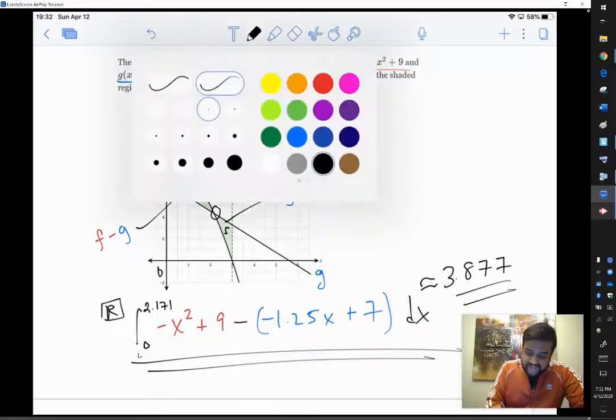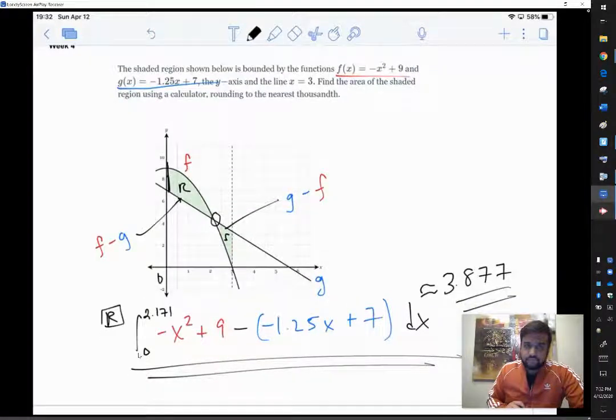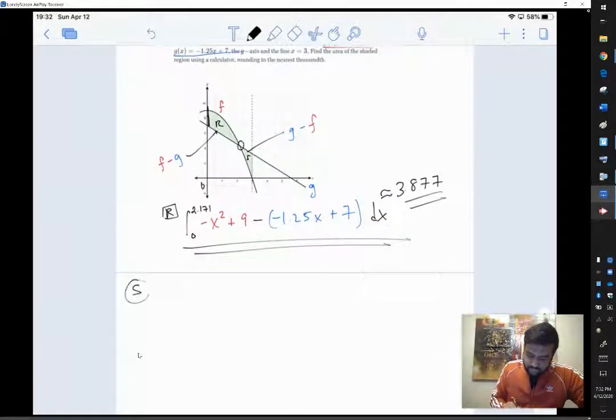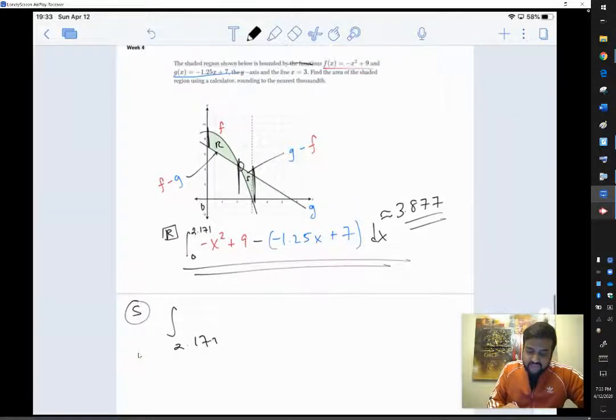For region S, we have the following. Region S is picking up from 2.171. That's the left boundary of region S, up to my right boundary, which is given to me as x equals 3.